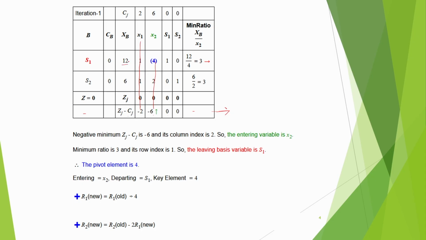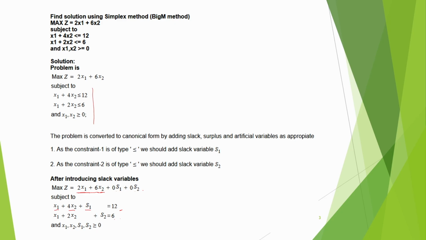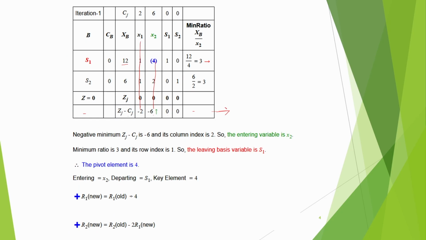That is the right-hand side value 12, written on the left side. x1 is equal to 1 and x2 is equal to 4, s1 is equal to 1, this is 0, and then s2 is equal to 6. That is the solution which I used to write on the right-hand side. This is 1, 2, 0, 1, and that's all, and z is equal to 0. The zj value has also been written. Ignore that at this moment.